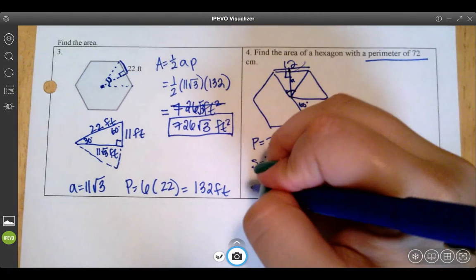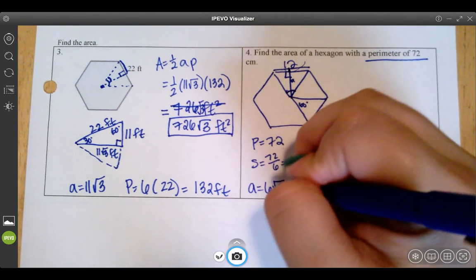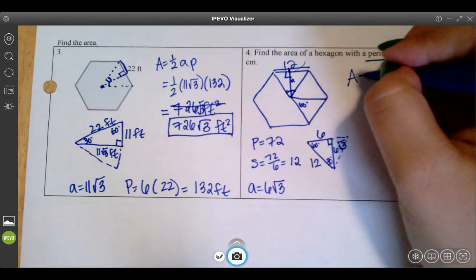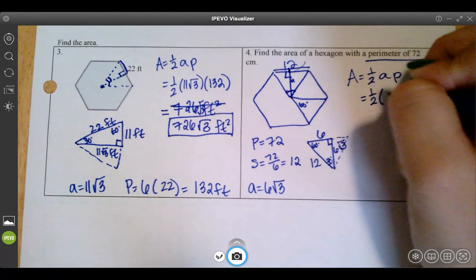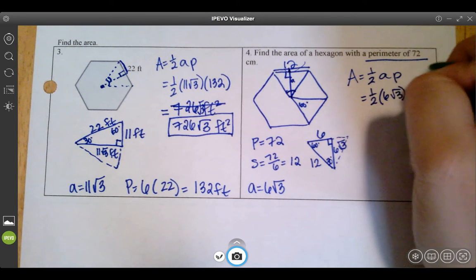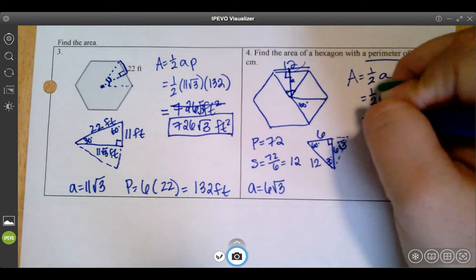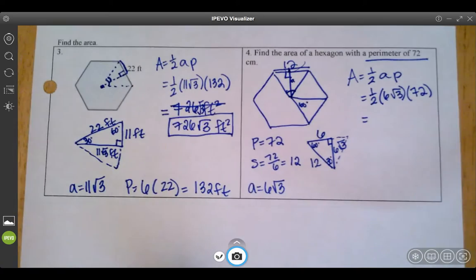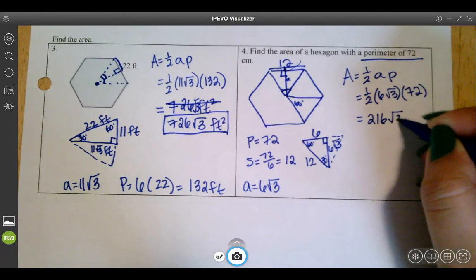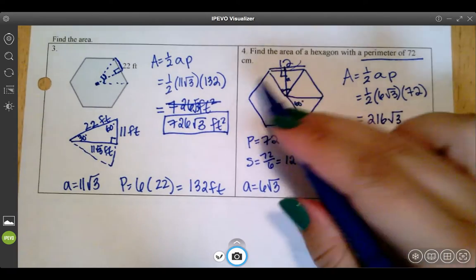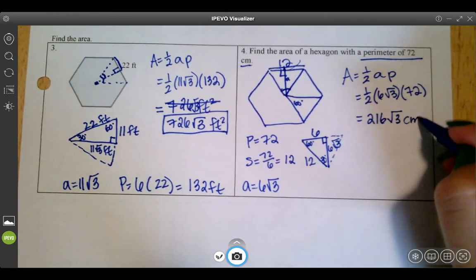So the apothem is 6 root 3. Area equals 1/2 AP, 1/2 6 root 3 times 72 equals 216 root 3, and units are centimeters, squared centimeters.